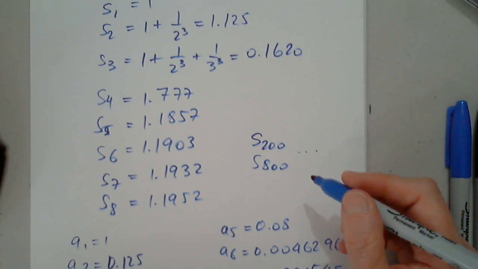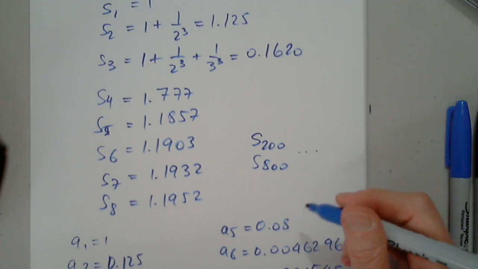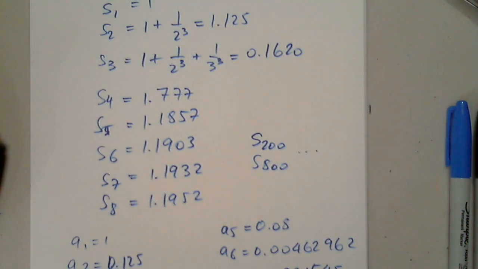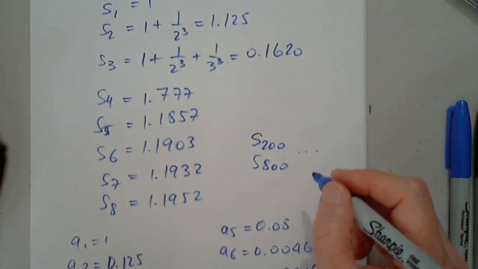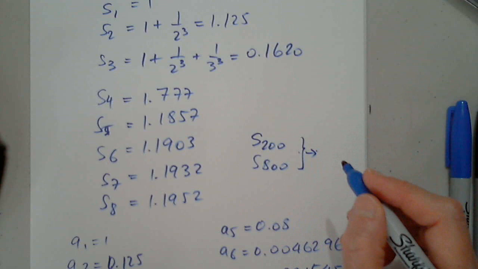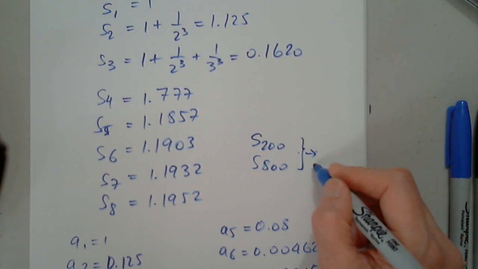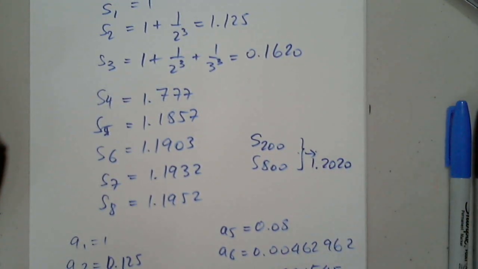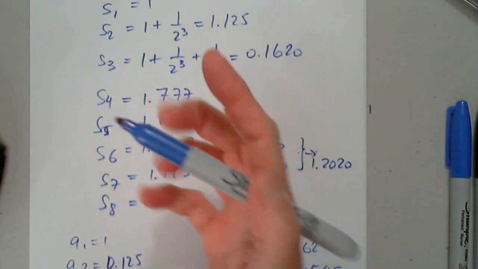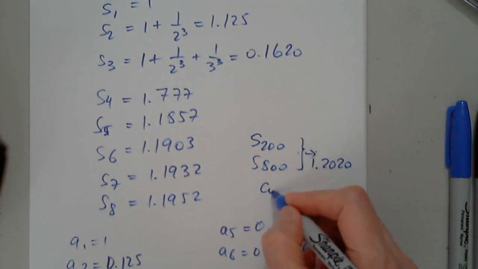They all appear to get closer and closer to, I didn't write that number to give it to you, oh, I have it here somewhere. Okay, it appears that they get closer and closer to 1.2020. Because of that, we conclude that it appears that the infinite series converges.